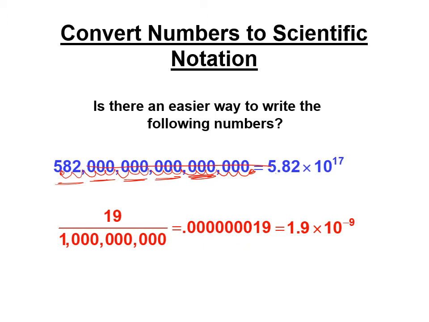There are in that one, but don't do that. 1, 2, 3, 4, 5, 6, whoops. 1, 2, 3, 4, 5, 6, 7, 8. Uh-oh, did I write this wrong? 1, 2, 3, 4, 5, 6, 7, 8. And so it should have been 1.9 times 10 to the negative 8th. Yuck.